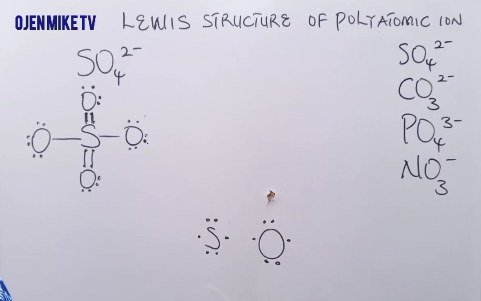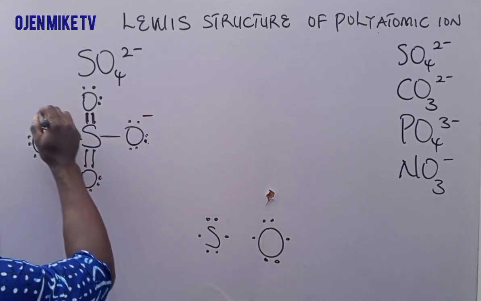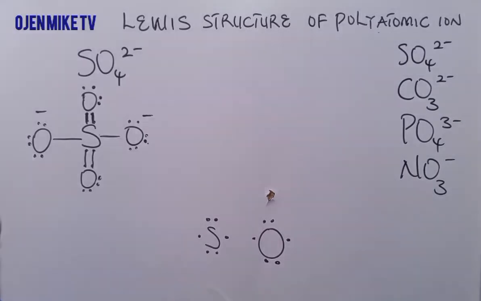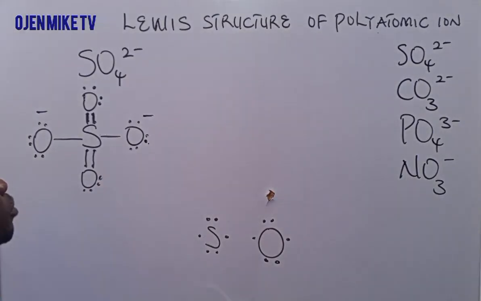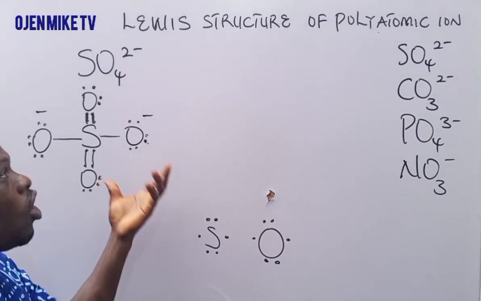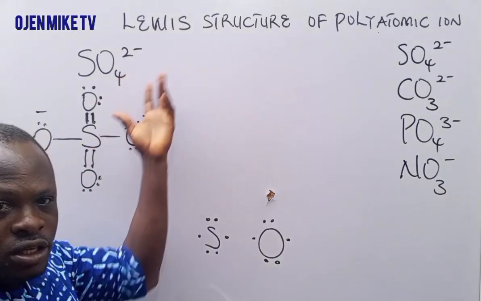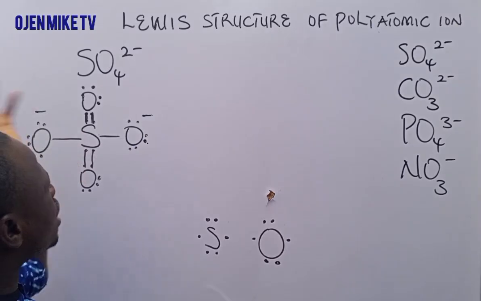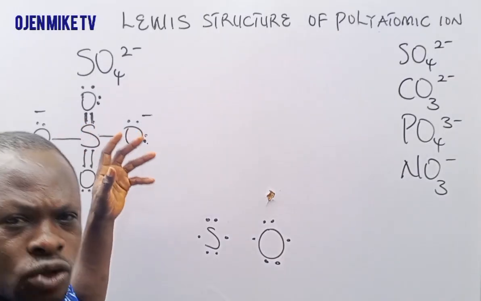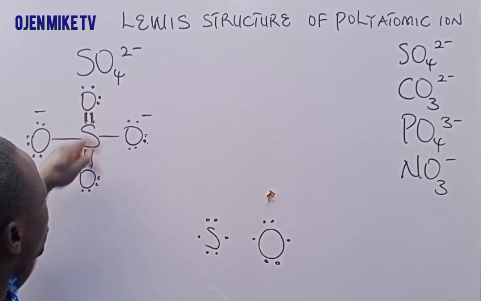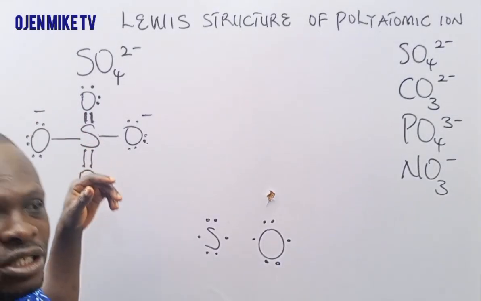This is how it is. Do you get that? So you are adding one of it. This is the most stable structure of sulfate. This one can also undergo resonance. Resonance means that this double bond can change position, can rotate, can delocalize.